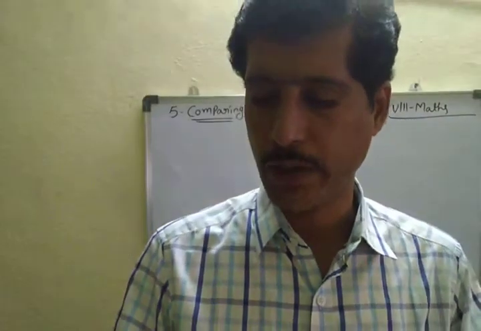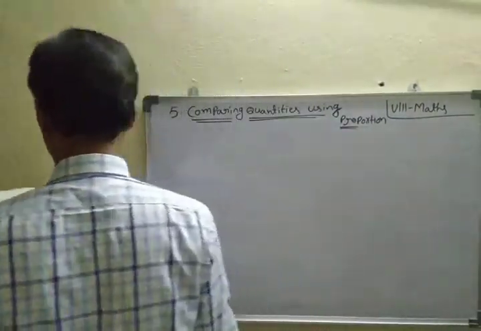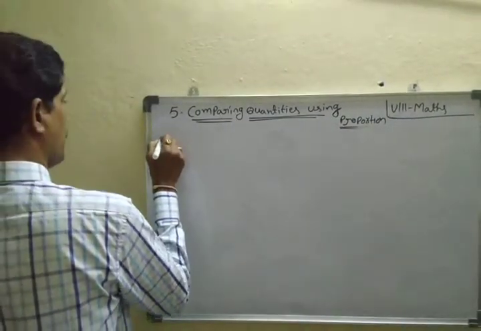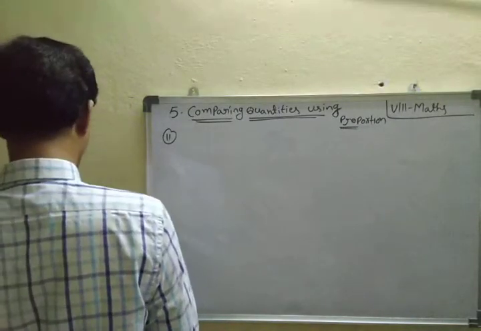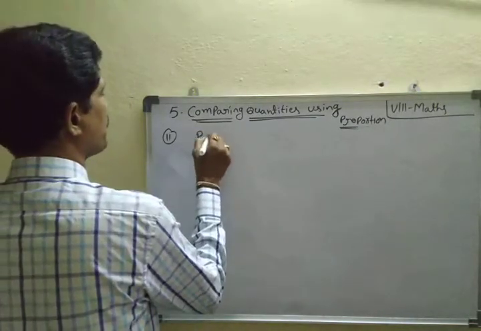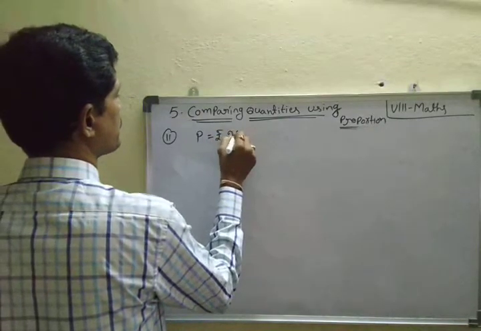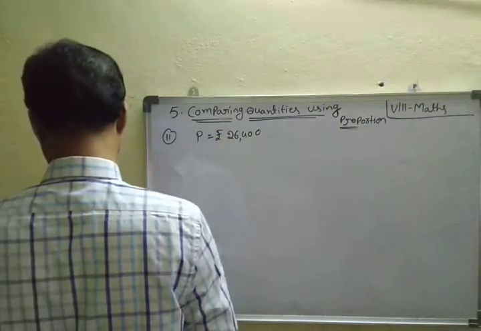Okay. Next, Kamala borrowed 26,400 from a bank to buy a scooter at the rate of 15% per annum compounded yearly. What amount will she pay at the end of the 2 years and 4 months to clear the loan? Therefore here, the 11th problem. Here principal is given, that is P equal to 26,400.